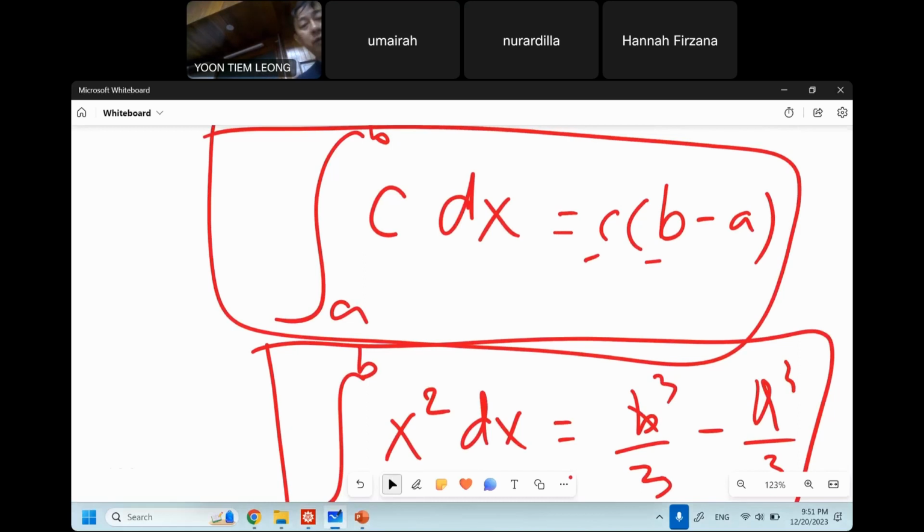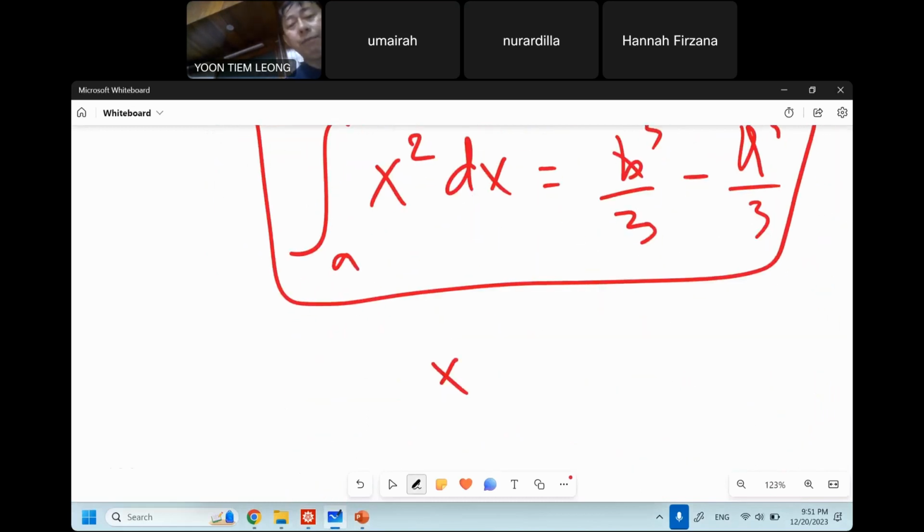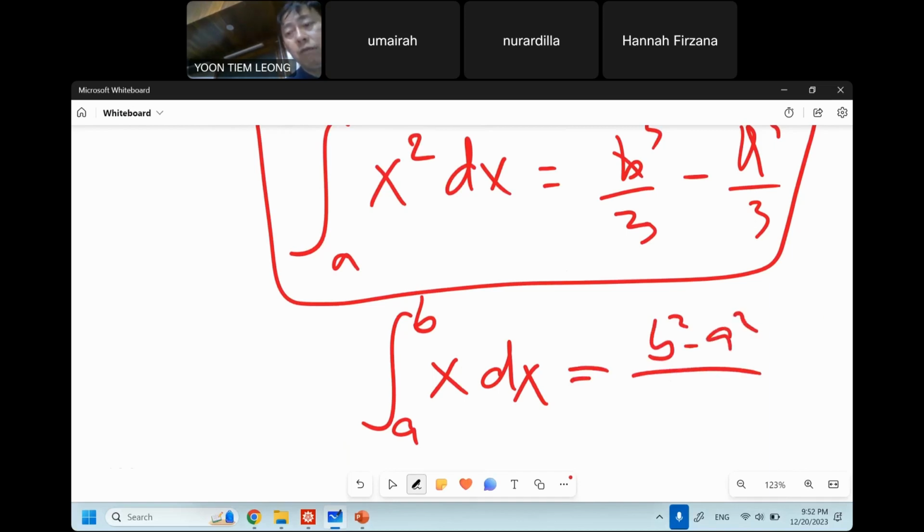We have also seen in the previous example, if you have a function y equals x and you evaluate the trapezium defined between a and b, that will give you b squared minus a squared over 2.